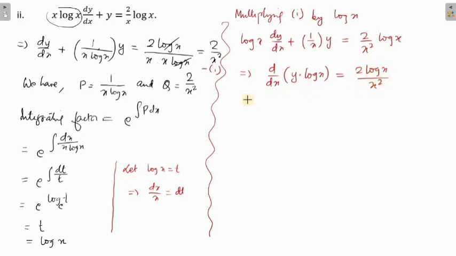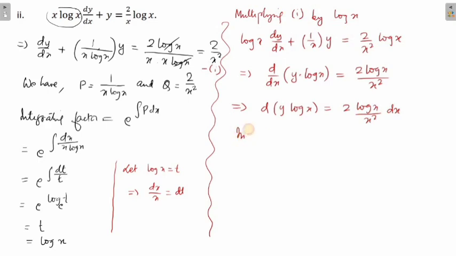Now bring dx out here. So you get dy log x is equals to 2 log x by x square dx. So we have integrating both sides.